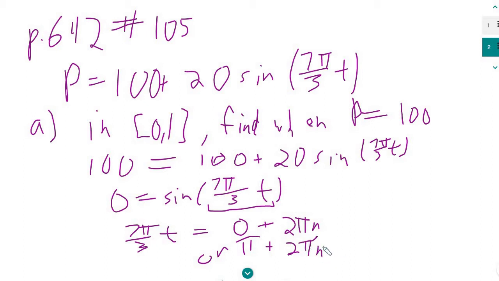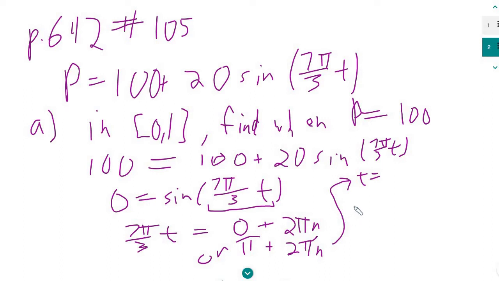Okay? Now we have to isolate that t, so let's divide both sides of the equation by the 7 pi over 3. So isolating the t, t either has to be, the first one is just 2 pi n. Dividing that by 7 pi over 3 is like multiplying by 3 over 7 pi.